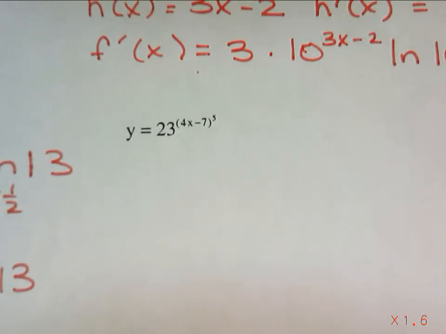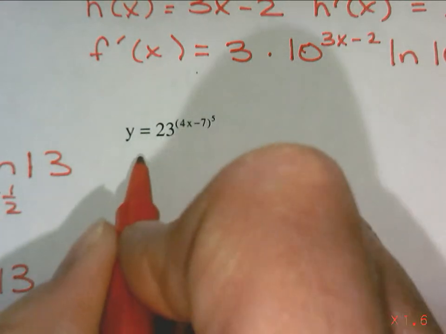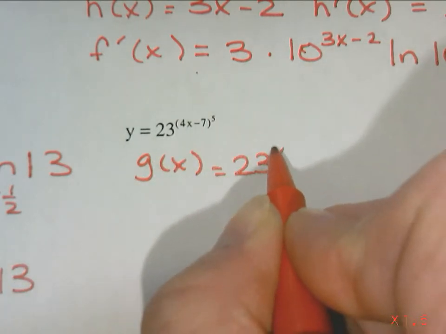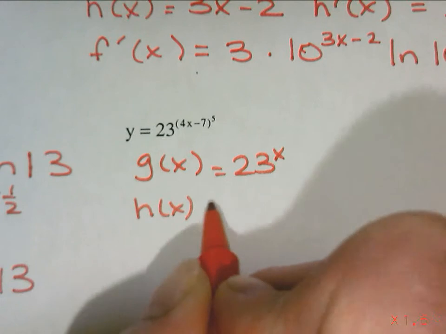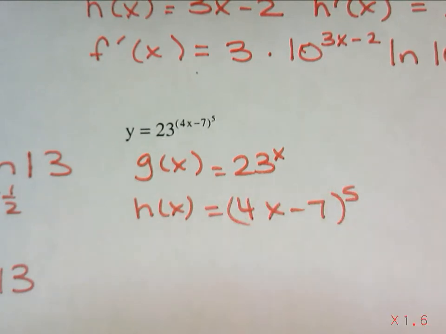Let's look at 23 to the power of (4x minus 7) all to the power of 5. So the outside term is 23 to the x, the inside term is (4x minus 7) to the power of 5.